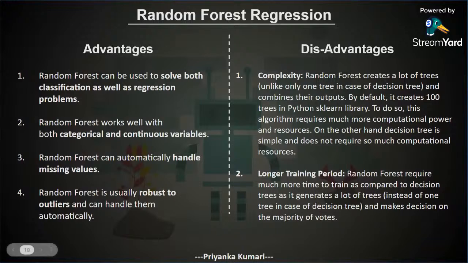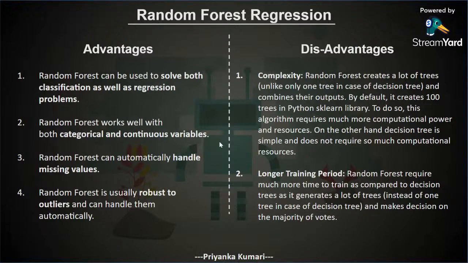The random forest is also usually robust to outliers, and it can handle them automatically. So what are outliers? Outliers are data points which are very rare in our data set and which show very unusual characteristics. Random forest can easily handle those outliers, or points which are very rare in our data set.